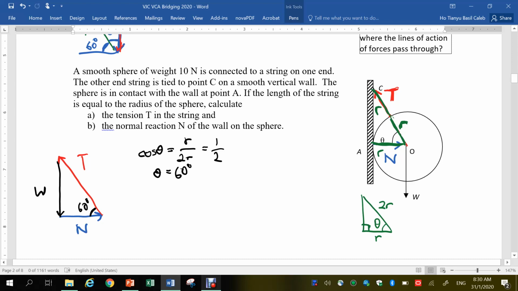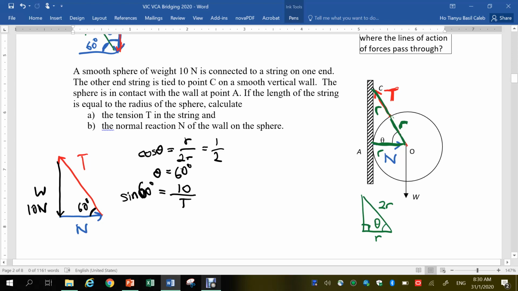What are we asked to do now? We are asked to find the value of tension in the string. So remember, the weight here is 10. To find tension, that's simple. Because sine theta, or sine 60 degrees, is just 10, the weight value, over tension.